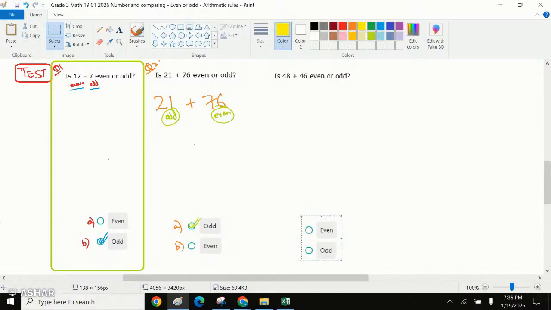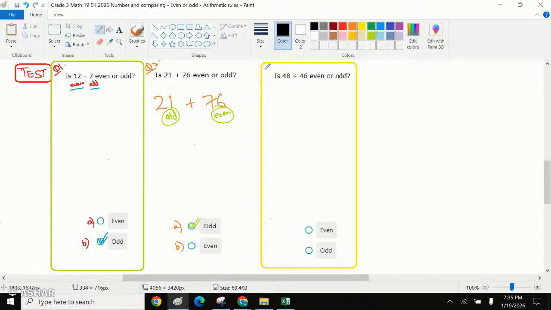This is question number 3: 48 plus 46. Nate, what is the answer for this? 48 plus 46.